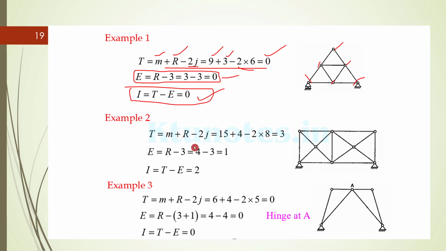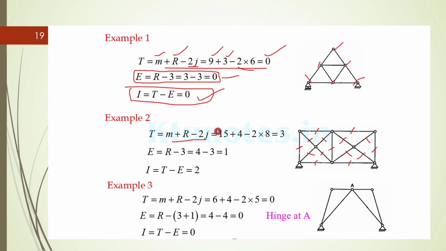A second example, T is equal to M plus R minus 2J. So members will be 1, 2, 3, 4, 5, 6, then 7, 8, 9, 10, 11, 12, 13, 14, yeah, 15 also there.